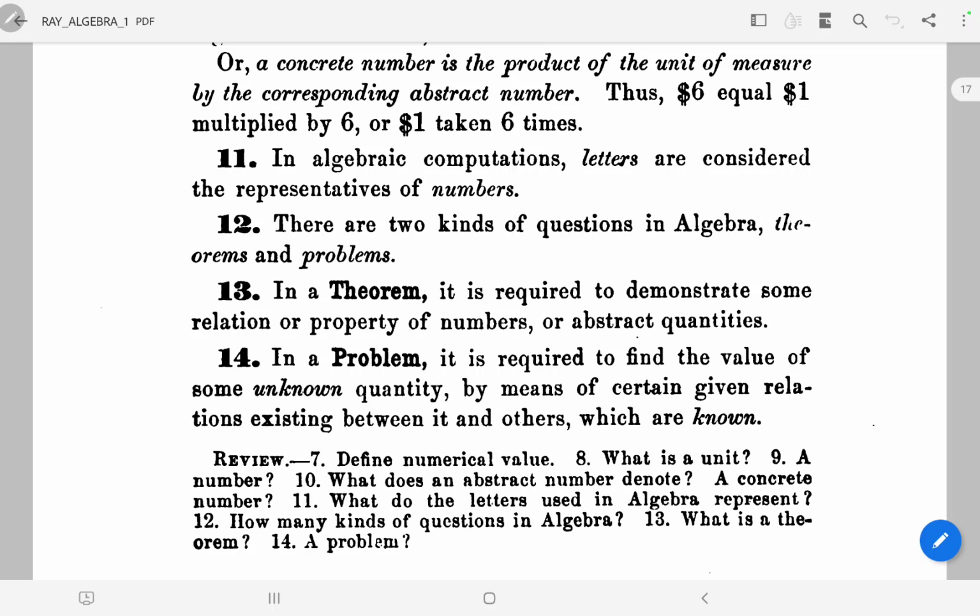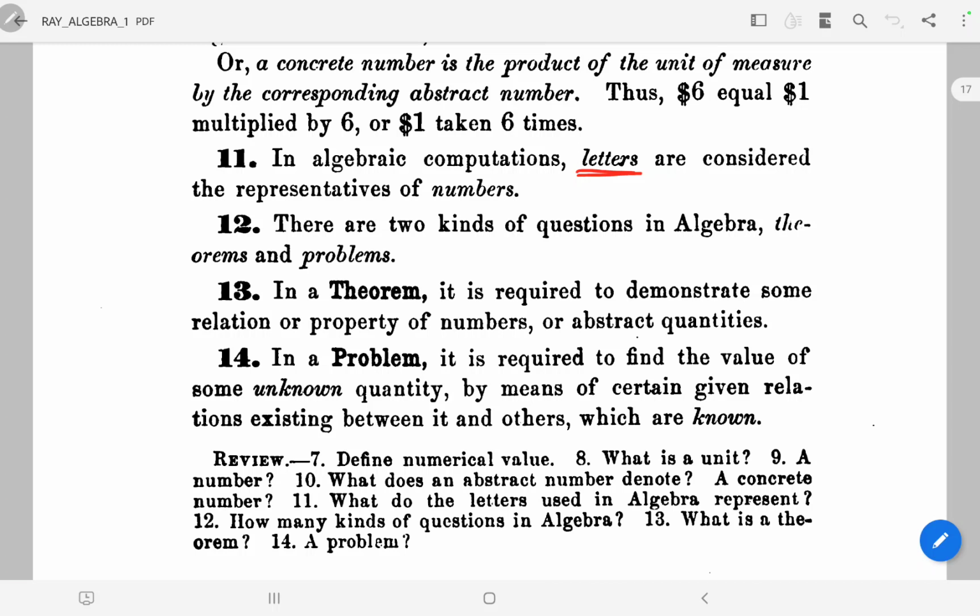Let's begin in this video with Article 11. We read, in algebraic computations, letters are considered the representatives of numbers. In algebraic computations, that means in solving algebraic problems.